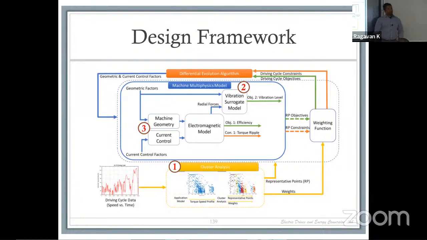Should we consider dominant frequencies? Because when we are designing, if we have prior knowledge of dominant frequencies, we can predict vibration.